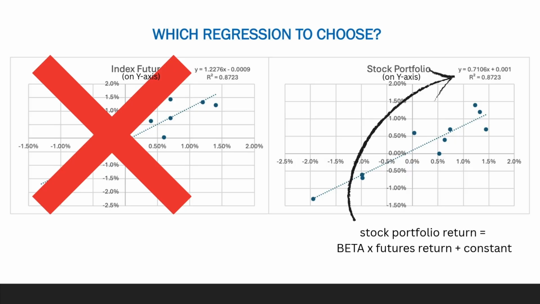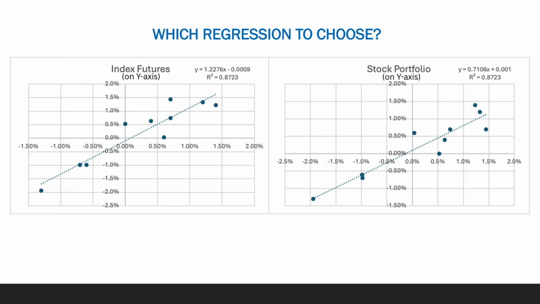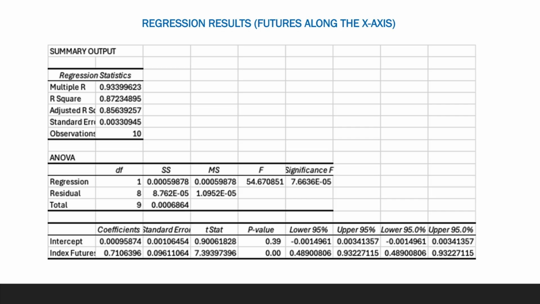Now, let's run our regression using the futures return on the x-axis and check the results as follows. It turns out that the alpha of 0.00095 has a p-value of 0.39. So we accept the null hypothesis that it's no different from 0 given an alpha of 5%.